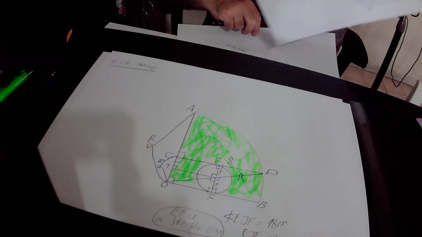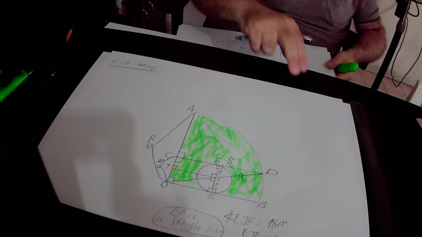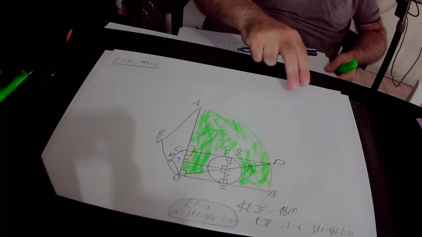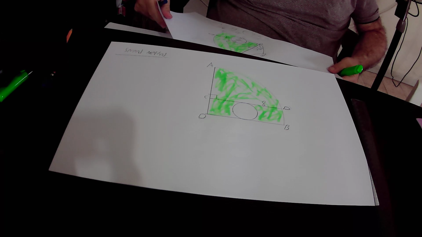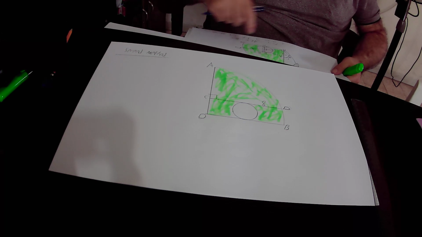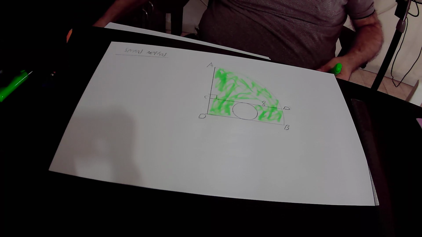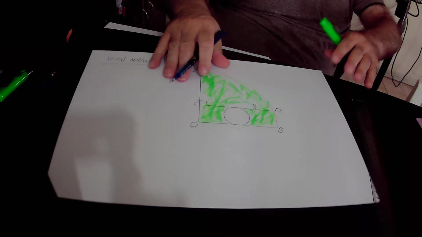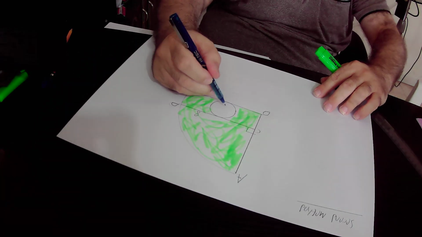In the next step, I'll present to you the second method to find the value of the green area. I will not repeat the same things that we did in the first method. Here, this is the center of the small circle.